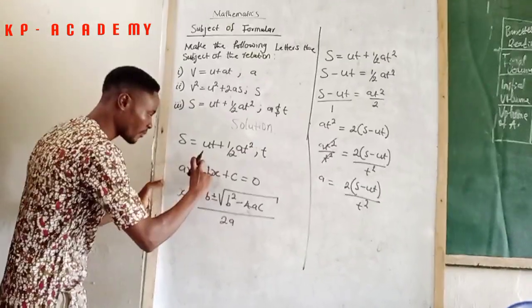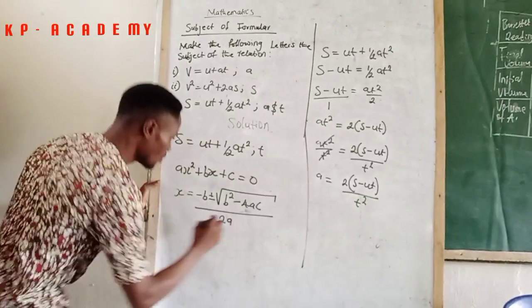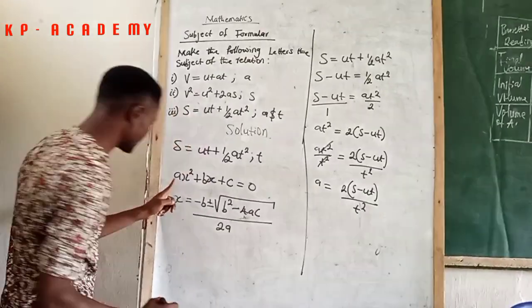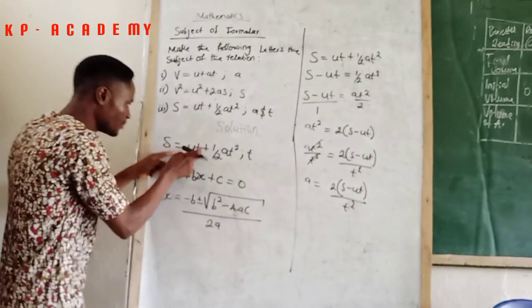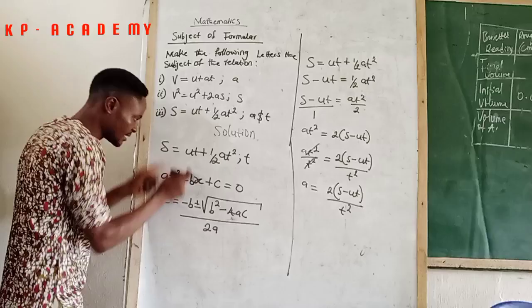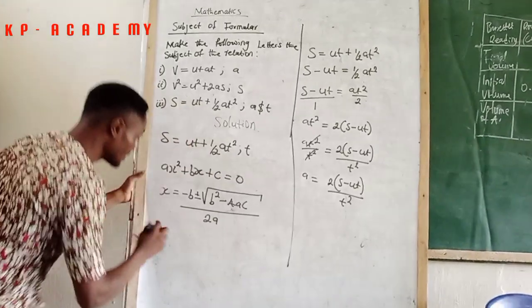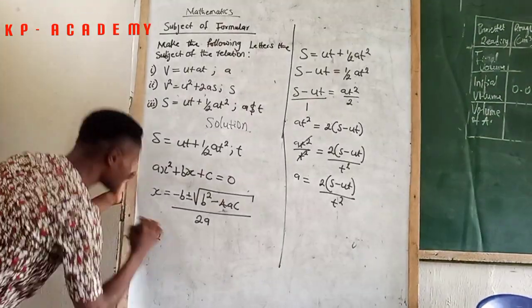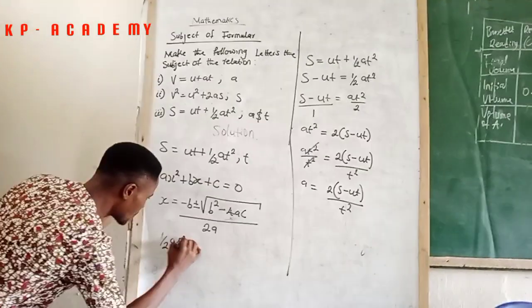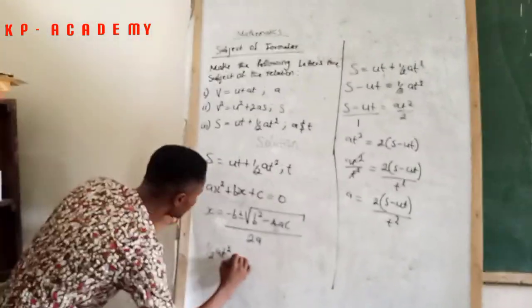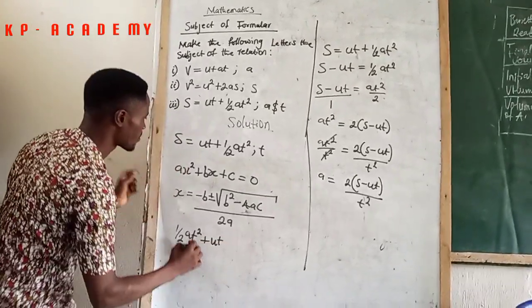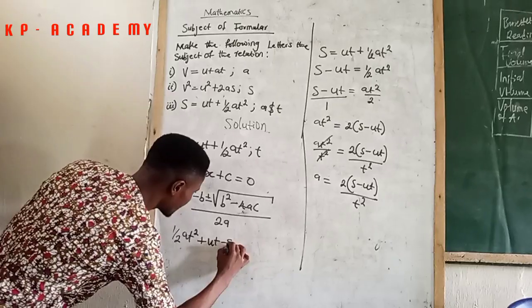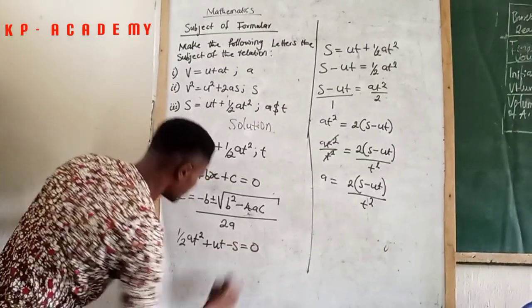Now, according to this general form of a quadratic equation, I want us to know that this is A, this is B, this is C. Now, let me just put this in this form. So if I do that, I will have that this is one over two, that is half a t squared plus ut minus s is equal to 0.